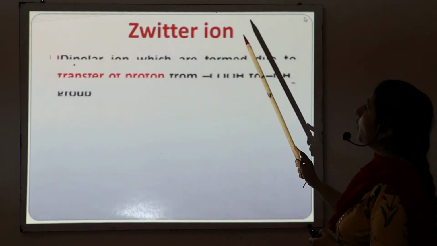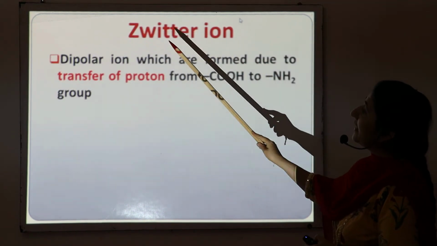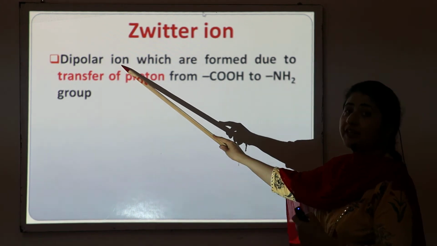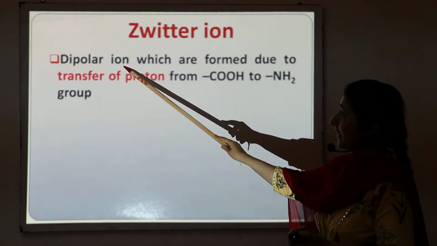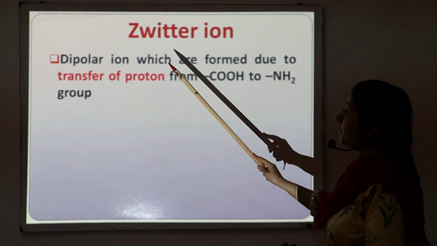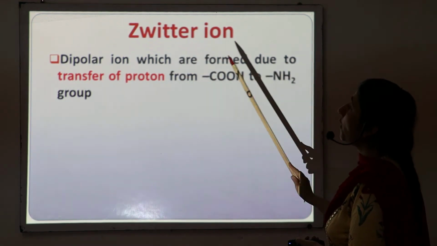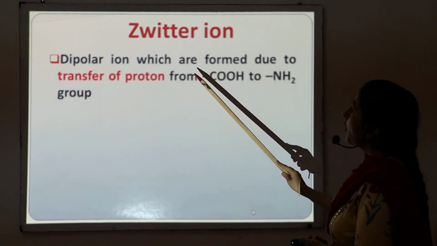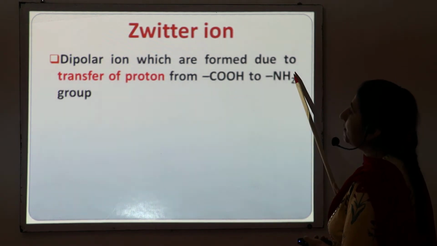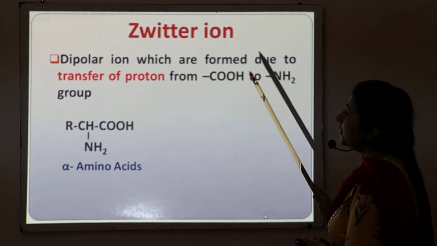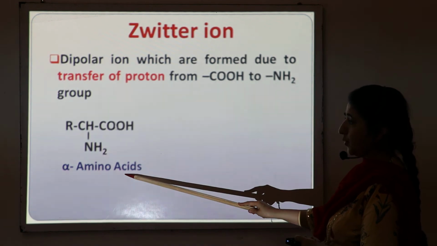A Zwitter ion is a dipolar ion containing two poles, positive and negative. And how does it form? It is formed by the transfer of a proton from the carboxylic acid to the amino group. So here we have an alpha amino acid.